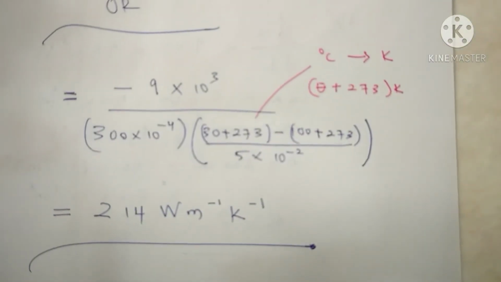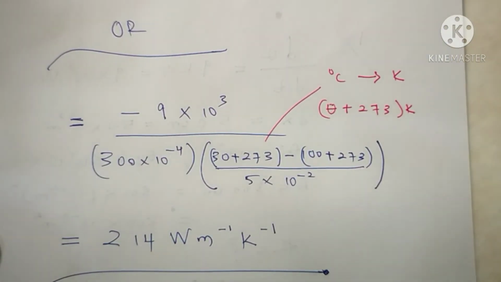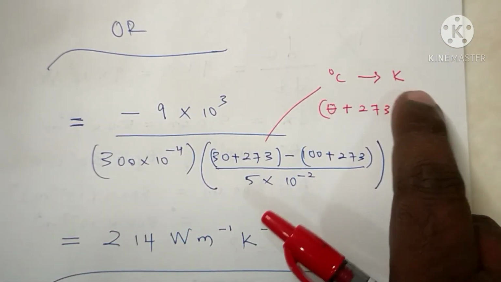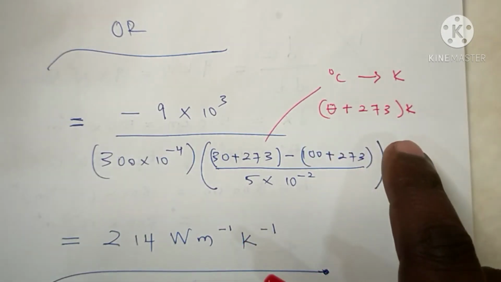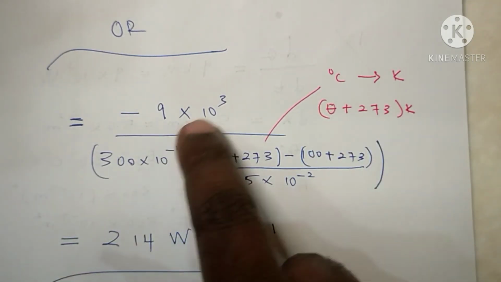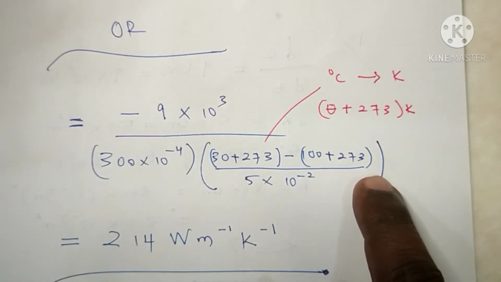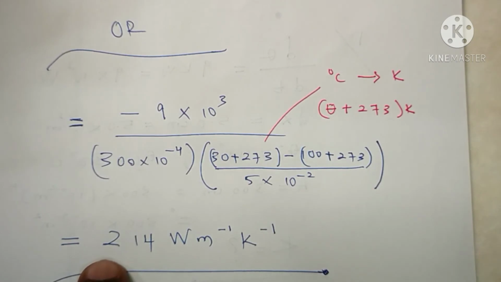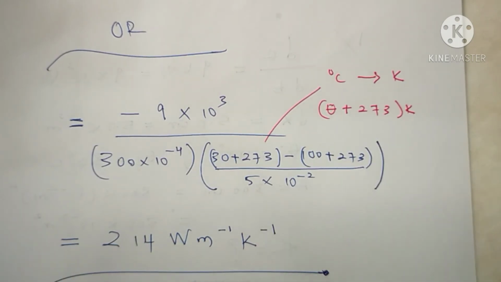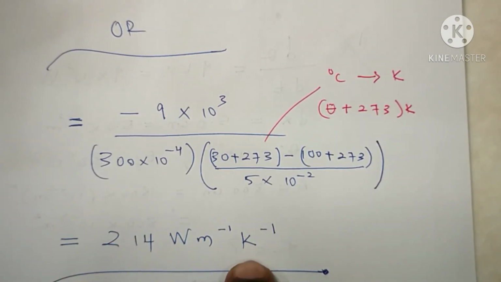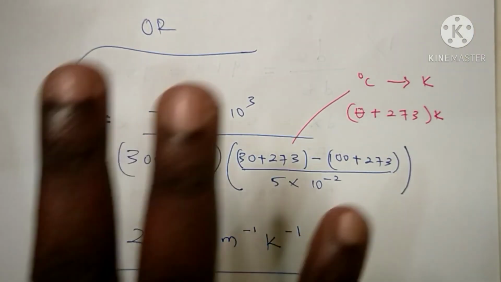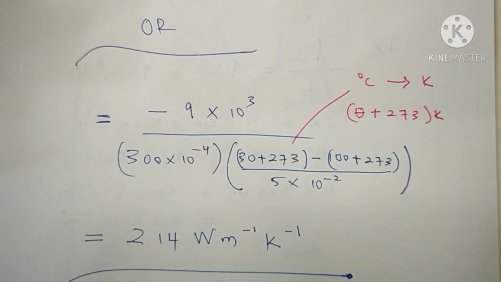Or you can put the temperature into Kelvin, converting degree Celsius to Kelvin by adding 273 to theta, and substitute all the values accordingly again into the formula. You will get the same answer, 214 watt per meter, but now the unit for the temperature is per Kelvin. Simple like a bubble without giving you any trouble.